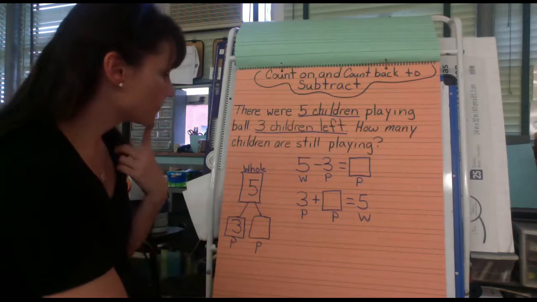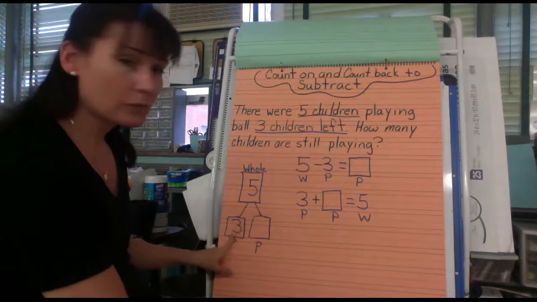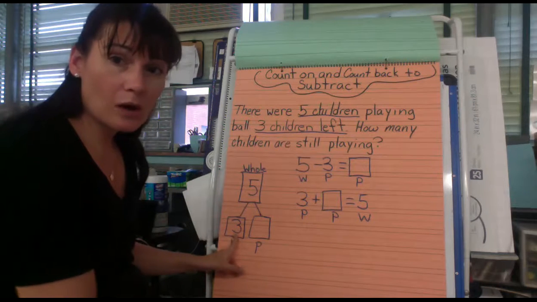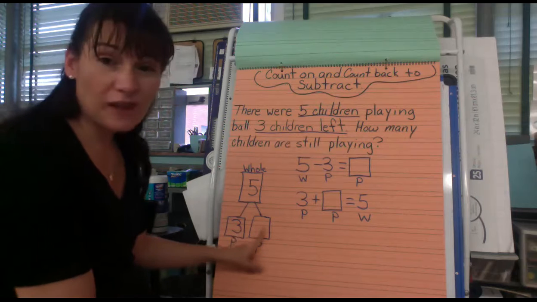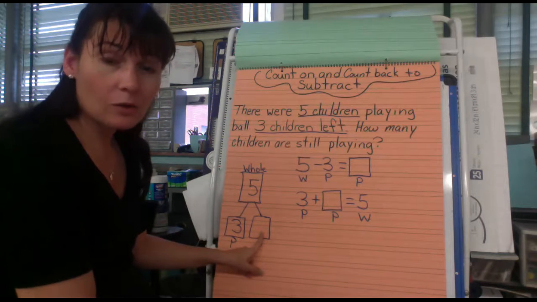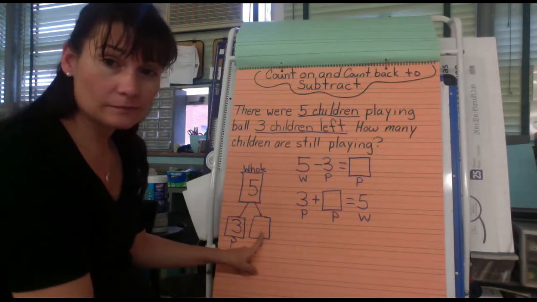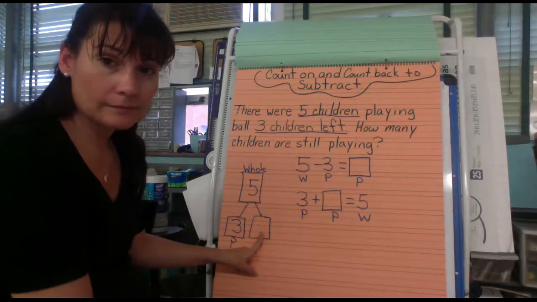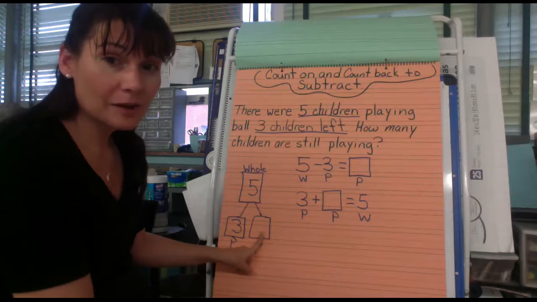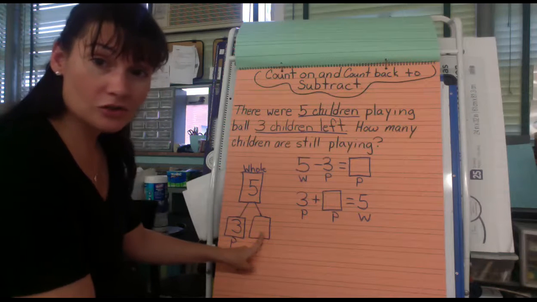Well, if I have 3 here and I want to get to 5, what would I need to do? You're right, we would use our counting on strategy.